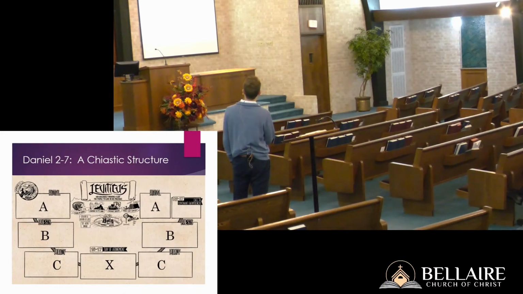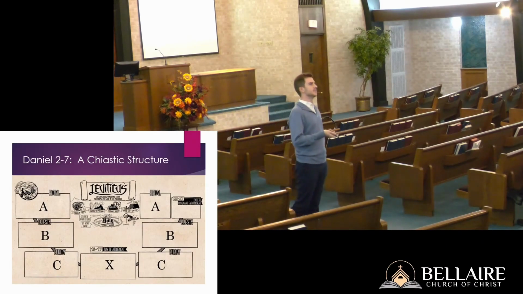And then you move to a section that describes the priests and their roles and responsibilities. Then you have a section of purity laws, the C block here. And then on the back half of the book, you have another section of purity, really moral laws in that section. Another section on priestly expectations, and then a final section on ritual. And so you see how that matches up A, B, C, C, B, A.